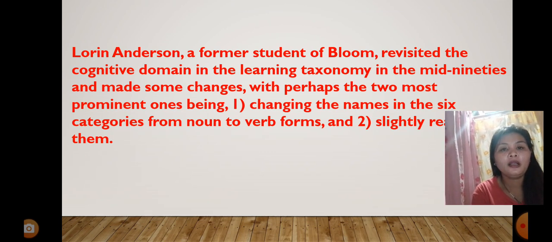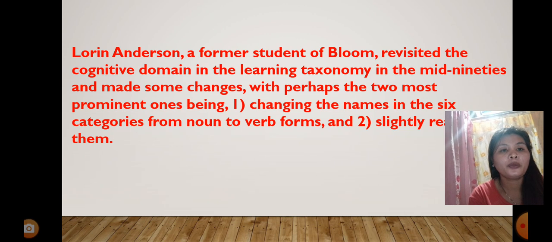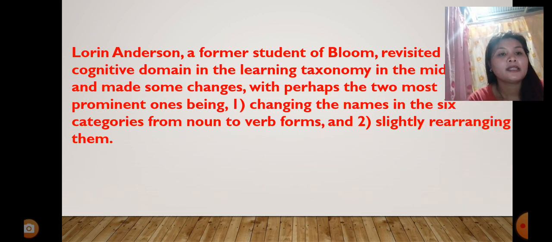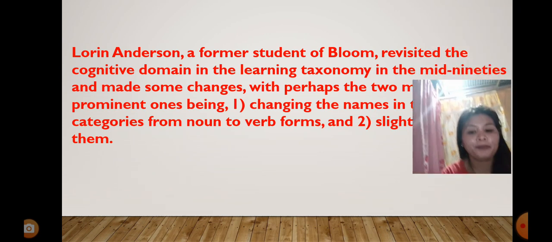So, Lorin Anderson, a former student of Bloom, revisited the cognitive domain in the learning taxonomy in the mid-90s and made some changes, with perhaps the 2 most prominent ones being first changing the names of the six categories from noun to verb forms, and the second, slightly rearranging them.